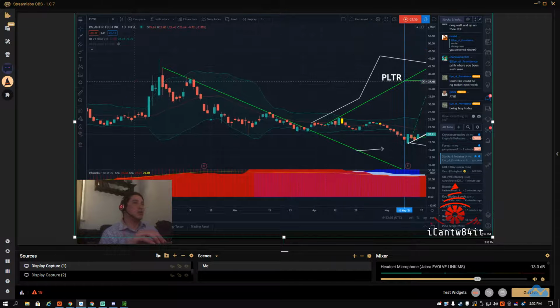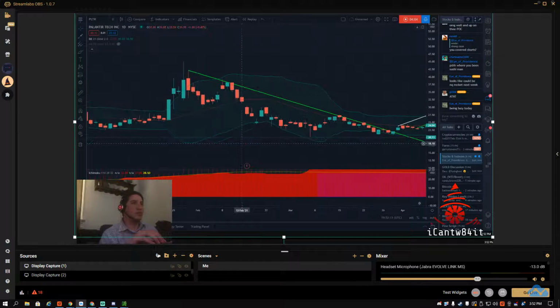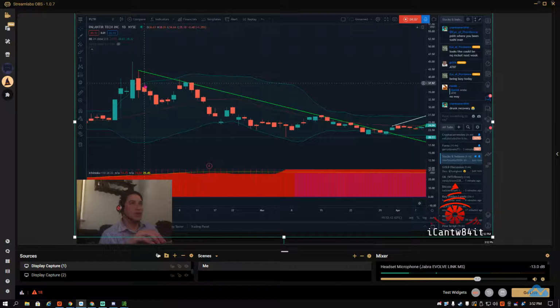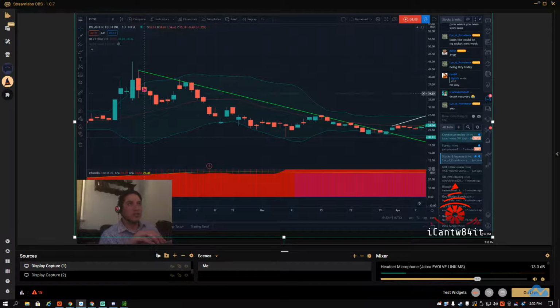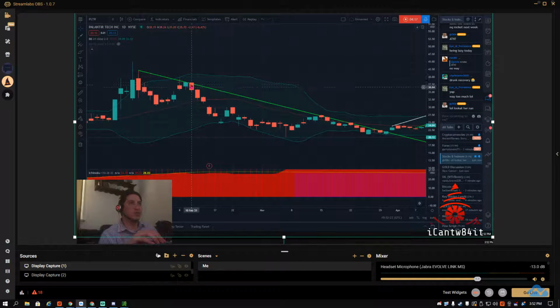The node was right where this wick of this candle, let's see if we can make this bigger. All right, so right here, this candle's wick comes up and cuts across, and these two candles right here plus this one wick into it, and that is where a node is.